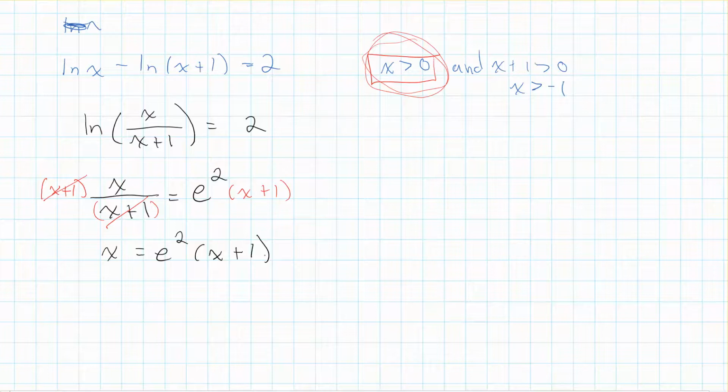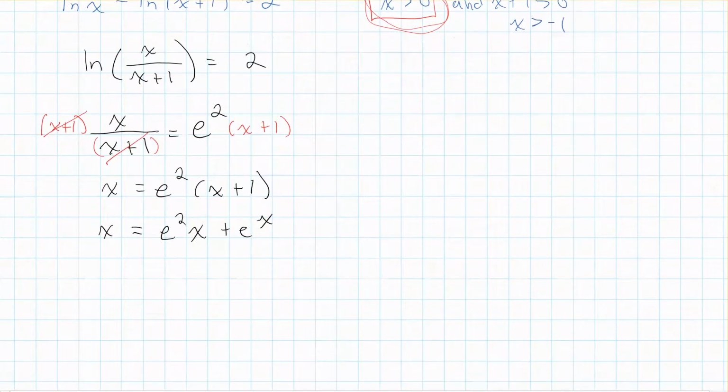Now you have to solve this, and this is somewhat symbolic because we have e here. I mean, e is a number, but it's somewhat related to solving equations symbolically. What we mean by that is I'm still going to solve for x. I'd distribute this, so I'd have e squared times x plus e squared, but I want to get all my x's on one side, so I'd have x minus e squared x equals e squared.